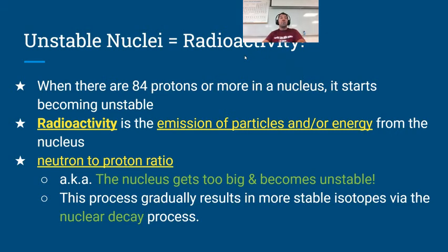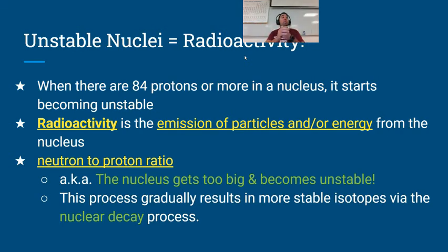Okay, now the reason that happens is because, as we know, protons are positive, right? So since protons are positive and there's a whole bunch of them bunched together in that nucleus, okay, opposites attract, right? So when we have protons and electrons, they attract together. But when we have a whole bunch of protons put together, they're going to repel each other.